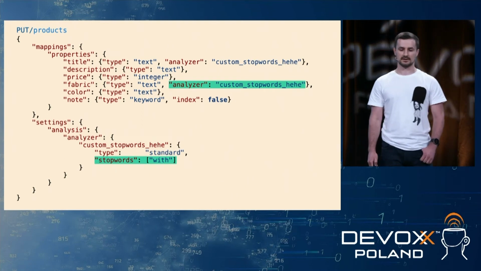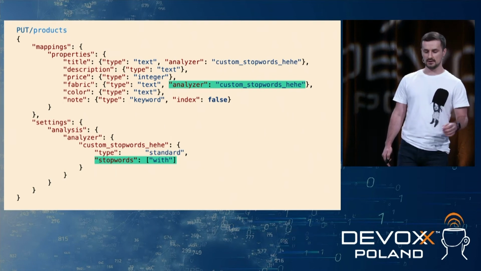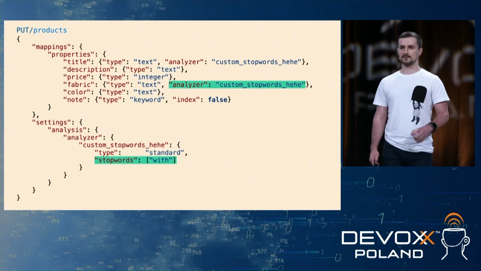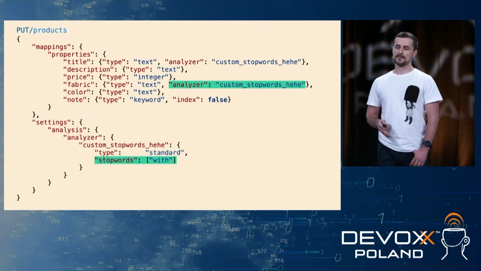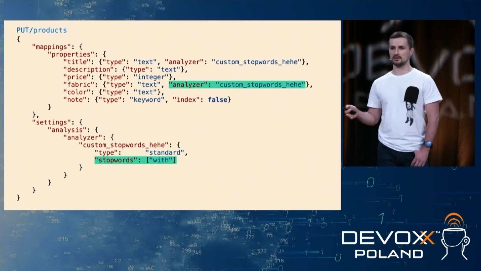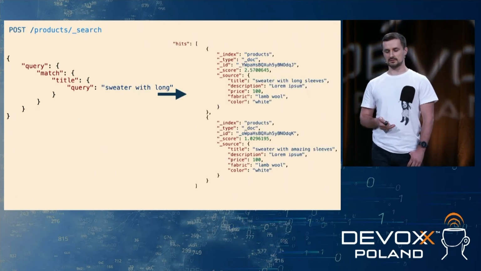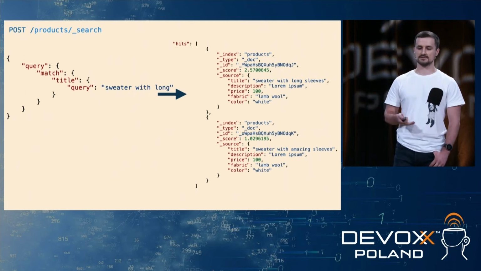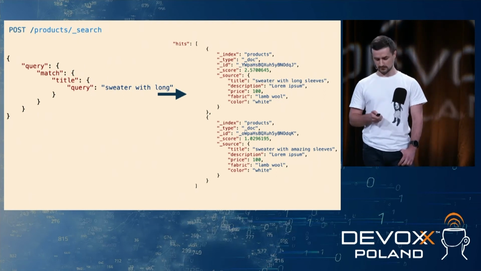And we provide the information that it's a standard analyzer, so the one that we used before, but with a custom list of stop words, so that "with" will now be completely ignored. Just a remark, if you do it in production, there are a lot of ready stop word sets divided by language, so you can use those. But here it's just one, so that we get how this works. So now when we ask for a sweater with long, we get 2 sweaters. So that's what we wanted.